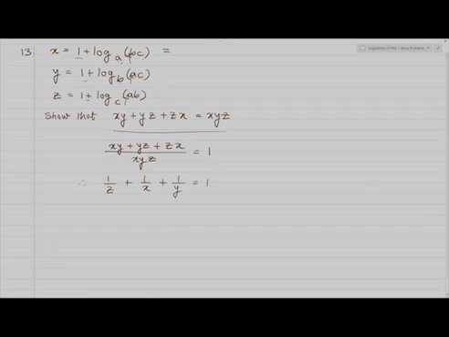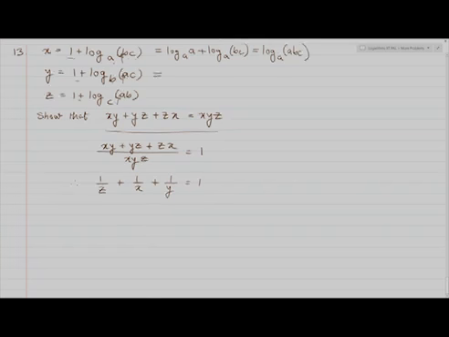How? I will put 1 is equal to log of a to the base a, plus log of a into bc, so this should be equal to log to the base a of abc.